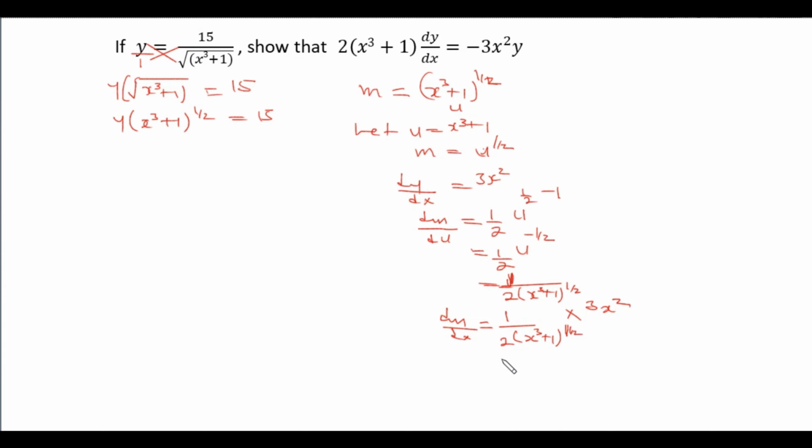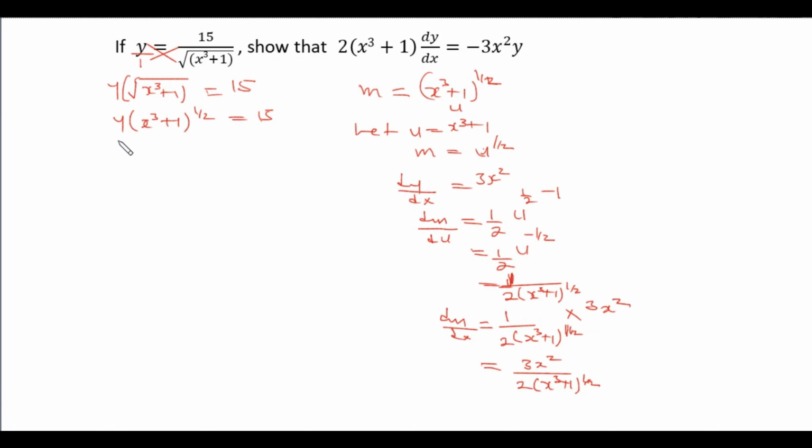Make sure you use the chain rule and go through the videos to get the full concept. So this becomes 3x squared all upon 2 times (x cubed plus 1) raised to the power half. Now we've differentiated the x part. I'm taking my time to explain so that you get the concept. So let's now solve this.